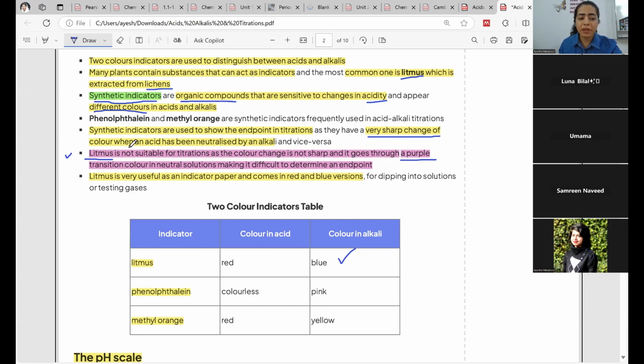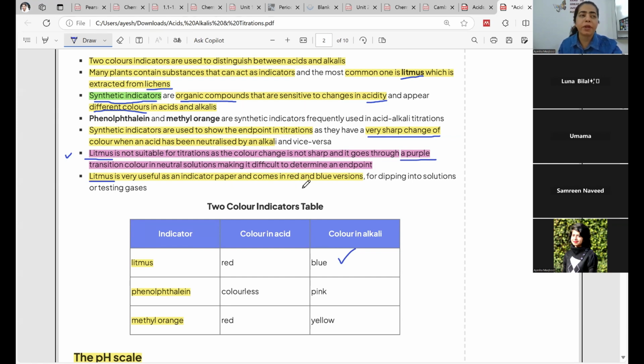So litmus solution is not a good indicator because it does not give a good transition in color when we have a neutral solution or alkali solution like this. But if we want to use another indicator, we can use litmus paper. Litmus paper is a good indicator in that case because the paper shows only two colors, red and blue.